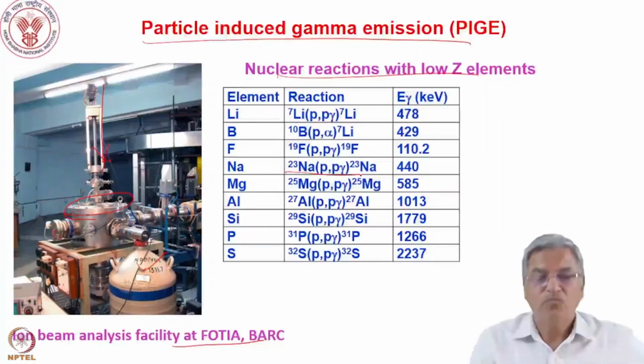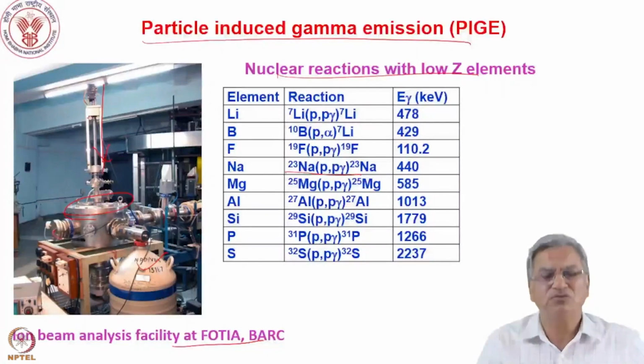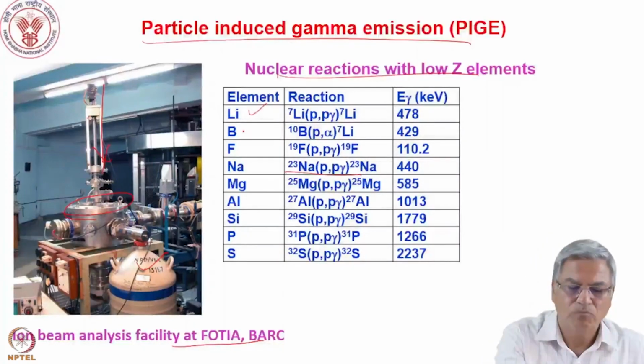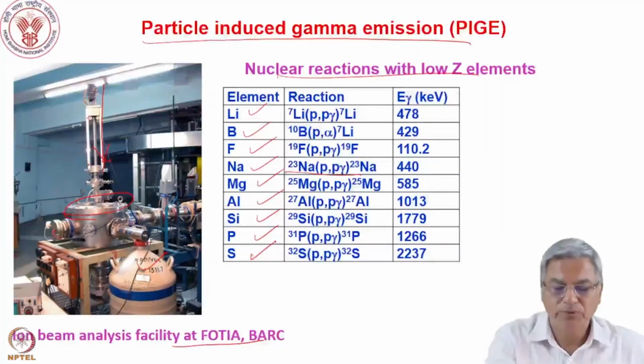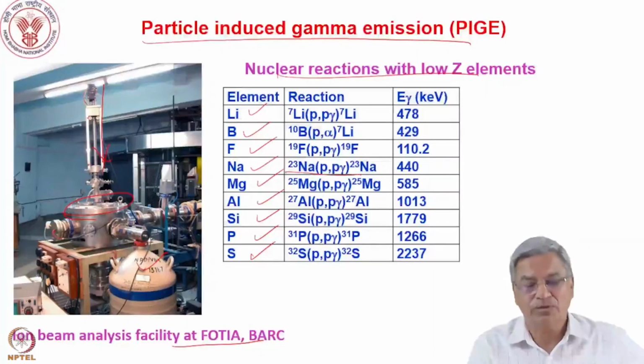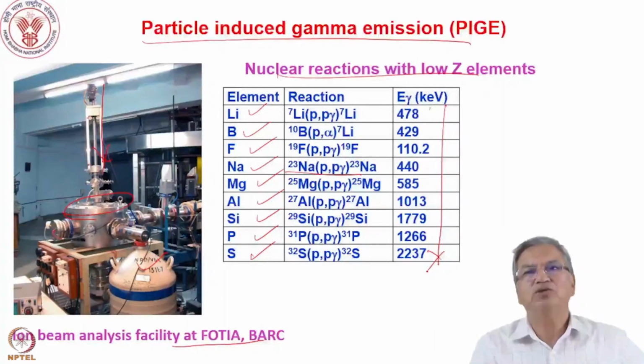What is important is that you should have a suitable gamma ray in the range of 100 to 1000 keV or so. For low Z materials, you will find lithium, boron, fluorine, sodium, magnesium, aluminum, silicon, phosphorus, sulfur. All of them have suitable nuclear reactions with their isotopes, and the gamma energies are also well resolved.